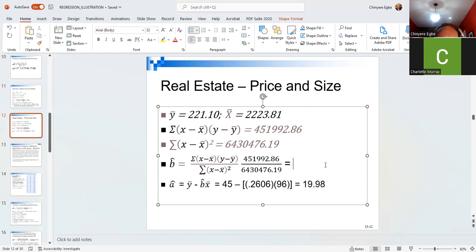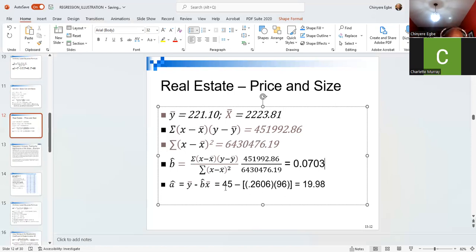What did you get? 0.0702. Is that correct? Yeah. Okay. So it's a very long number, 0.07028. Let's leave it at 4 decimal places: 0.0703.